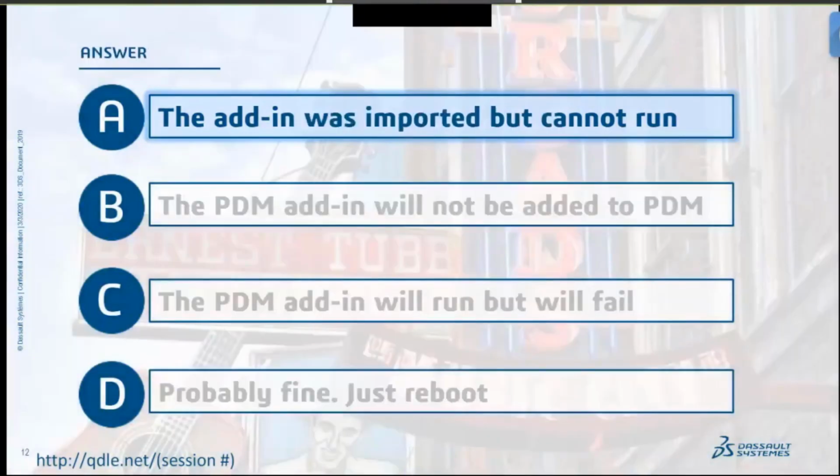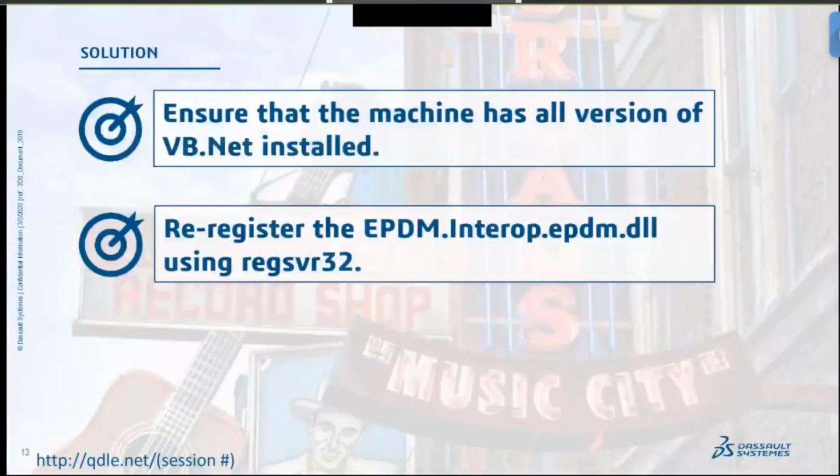So that means that the add-in was imported, but it cannot run. What we typically have to do, and again, it could vary depending on how the machine or the clients have been set up, is that it's typically missing some type of prerequisite that goes along with it. A lot of times that requires going back and manually adding those prerequisites.